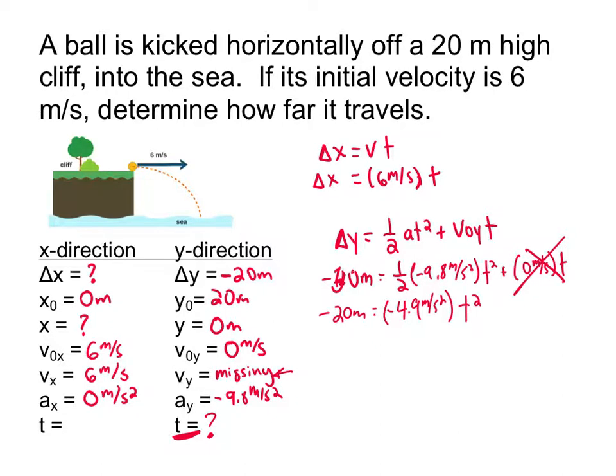I'm going to fast forward a little bit, and it turns out that this time is equal to 2.02 or negative 2.02, right? From math class, whenever you take a square root, you do get the plus and the minus, and in physics, we're going to throw out this negative time because there is no negative time for now.